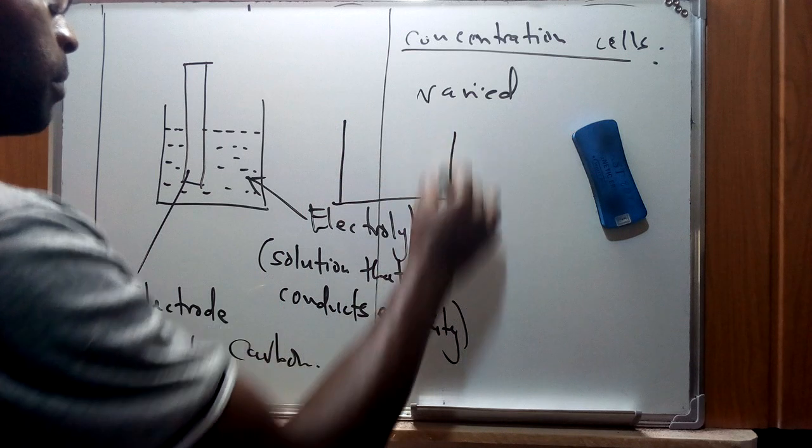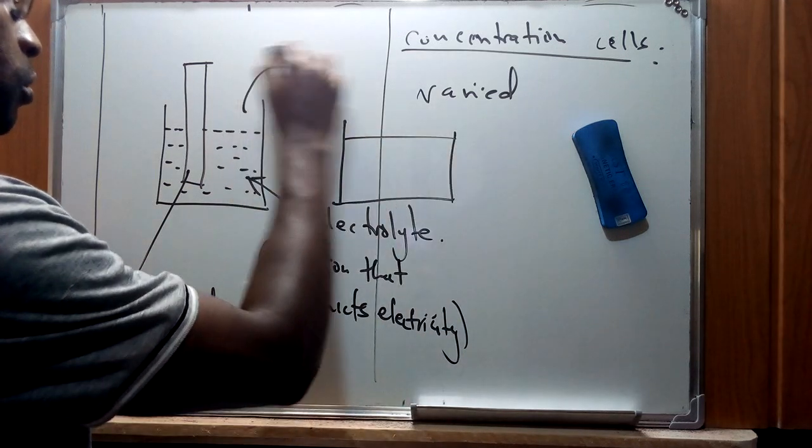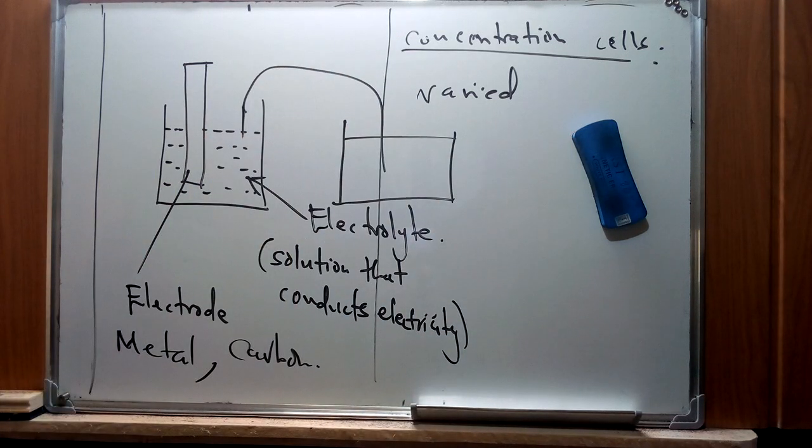So therefore, there will be a potential difference between the two cells, and therefore there's going to be a flow of charges up to a point where the cells reach equilibrium.